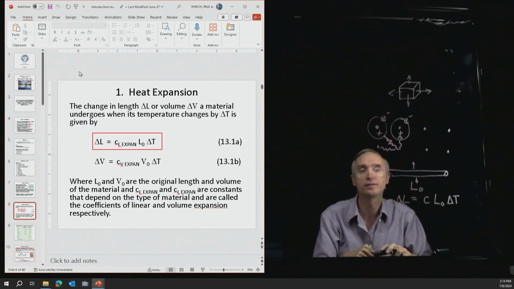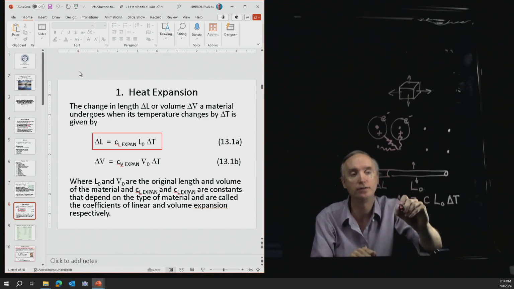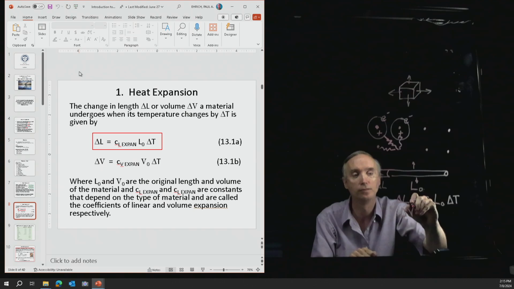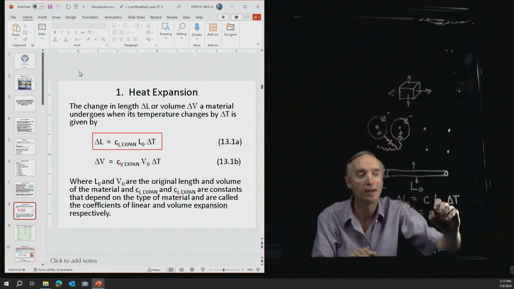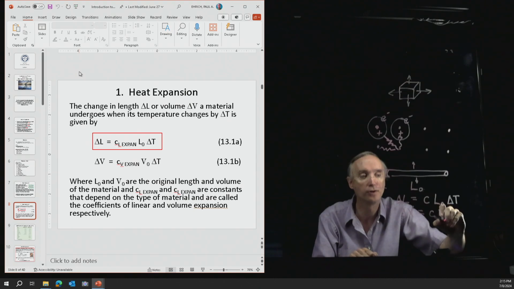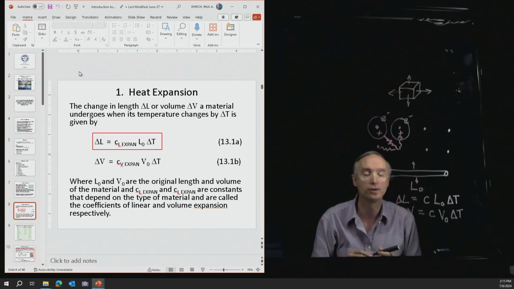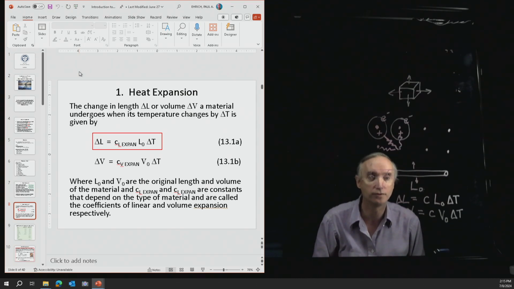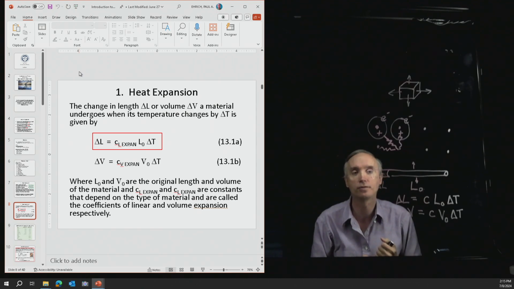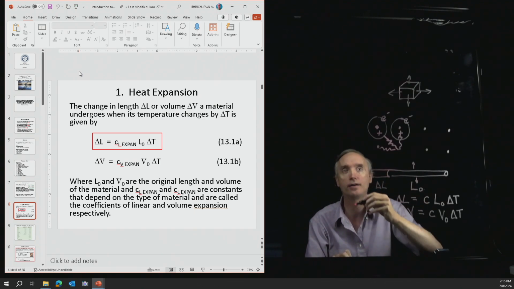And notice that this time the change in volume is going to be equal to some constant, and then what was its original volume, and then how much did its temperature change. So it's a very similar looking formula. And then there's even a third version. Can you imagine what would be the third version of the formula, which is not used that often?